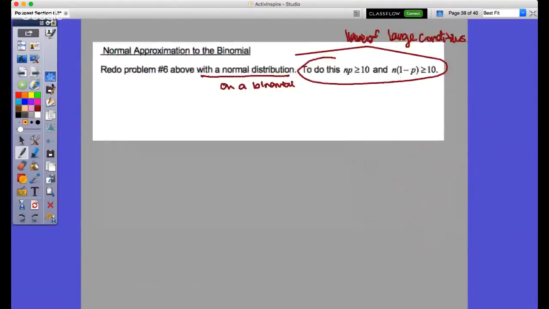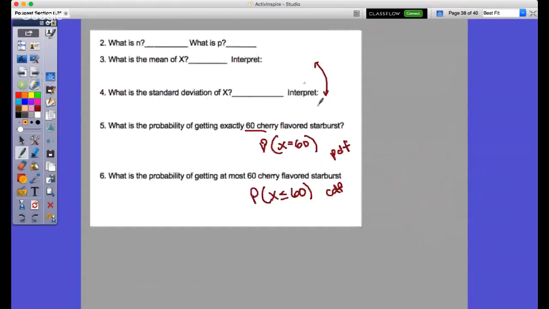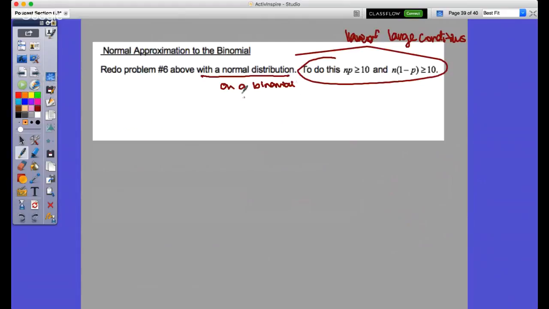It's just giving you some highlights and hints. When I attack these, the probability of x equaling 60 versus at most 60, so the difference between when I use PDF and CDF. And then also normal distributions, the large counts condition means that this can be approximated as normal if it is true. And I show that, in fact, they are true there, okay?